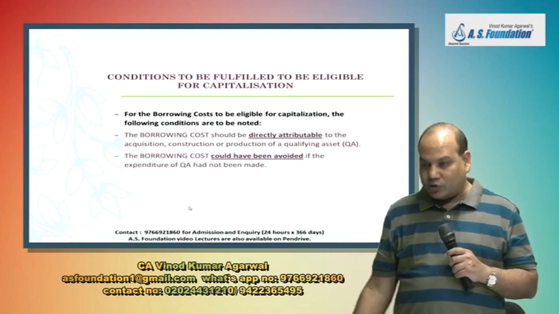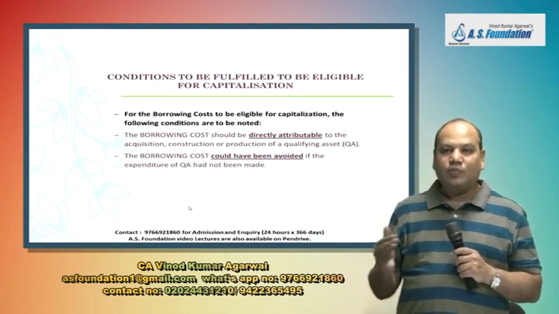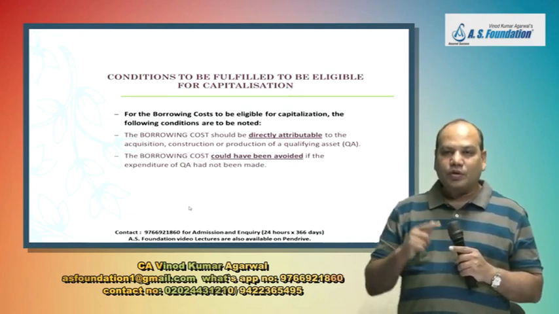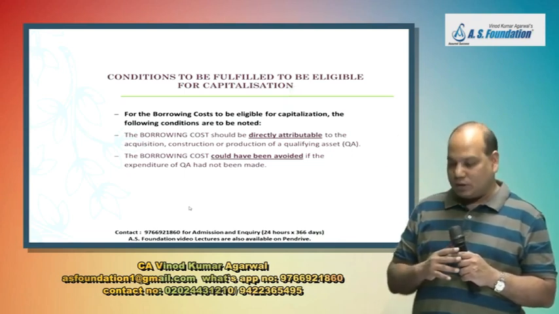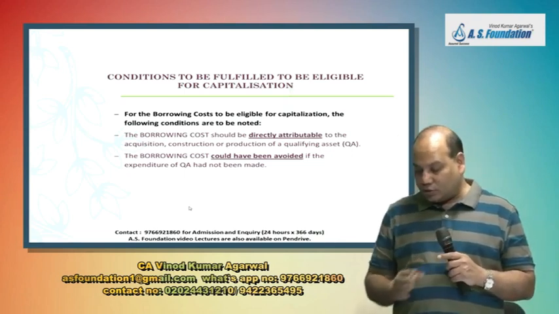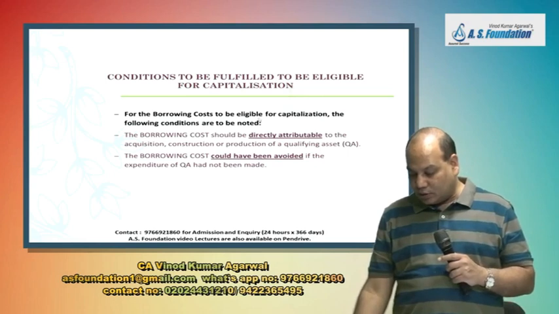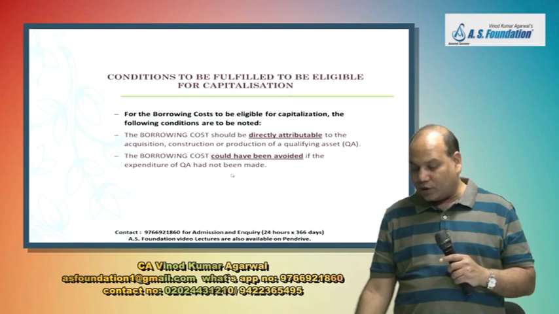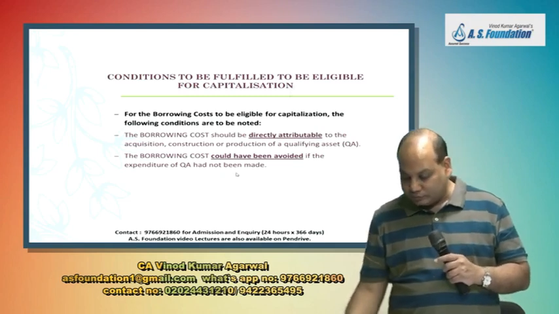Management will have to demonstrate that our level of borrowing would have been lower if we did not have that qualifying asset. Borrowing cost that could have been avoided if the expenditure on the qualifying asset had not been made.